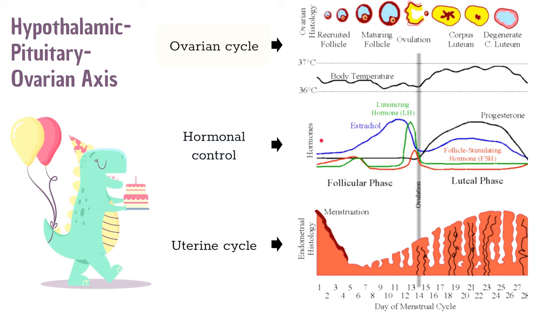Now, I hope that's clear. So scientists were also able to determine the relationship between the hypothalamic pituitary ovarian axis with the temperature of the female body. So they noticed that during ovulation, so if this is the regular body temperature, during ovulation, there will be a rise in the body temperature.